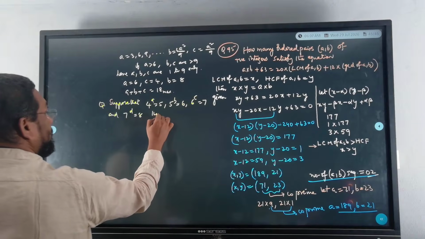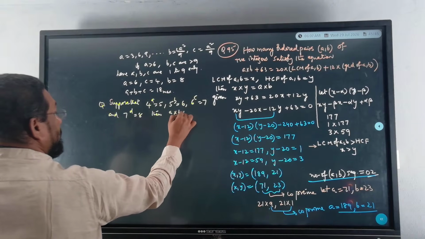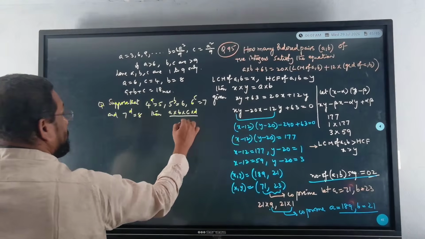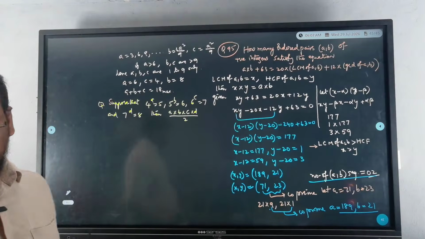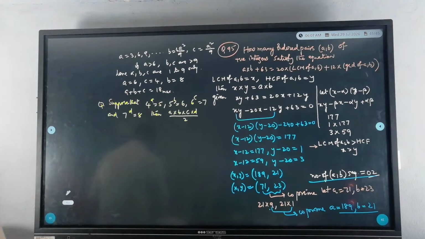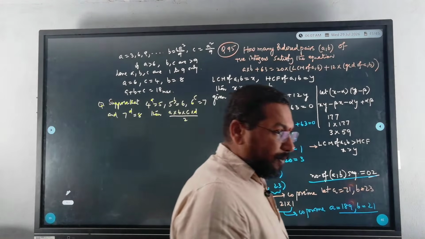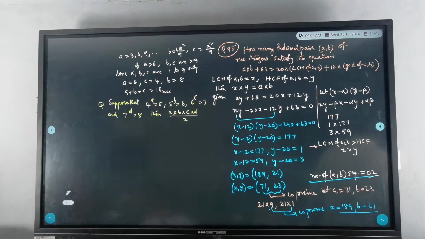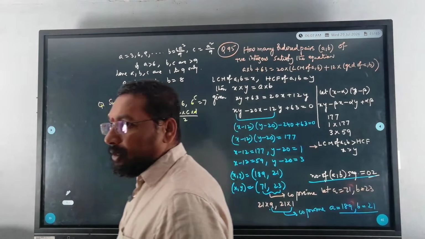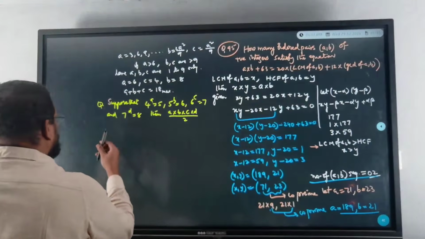Then what is A times B times C times D upon 2? It is a simple question only. This type of question is there in our regular material also, in the Exponents chapter.